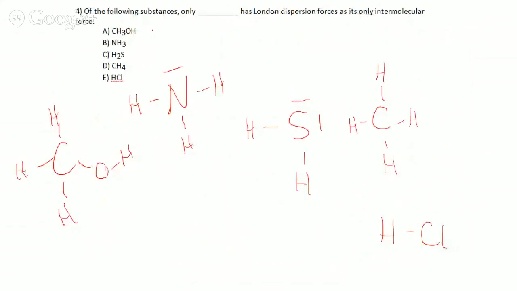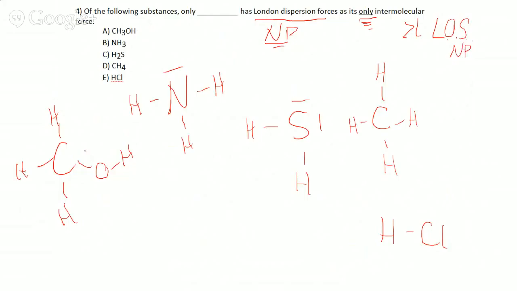Of the following substances, only blank has London dispersion forces as its only intermolecular force. London dispersion occurs in all molecules, including nonpolar molecules. And when it's the only intermolecular force, then it has to be nonpolar. So again, our cheat is lines of symmetry with our Lewis structures. If we have more than one line of symmetry, then it's nonpolar.